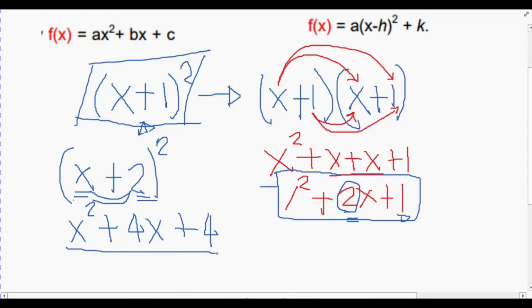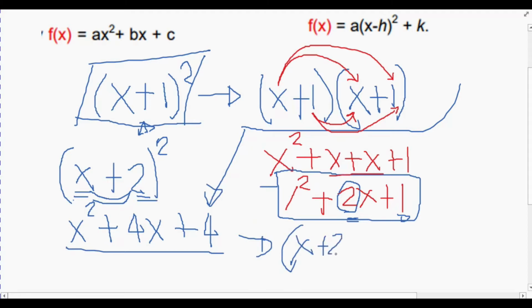So this is now the square of the binomial x plus 2: x squared plus 4x plus 4. So if you show it in this manner, x plus 2 times x plus 2, it will still give the same answer.